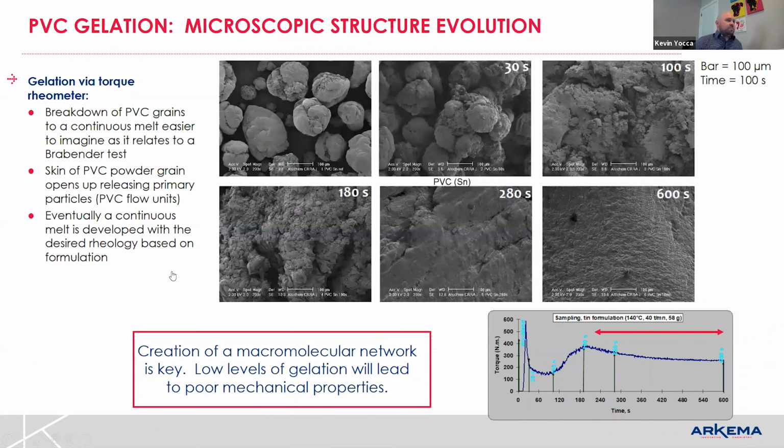What that looks like from a microstructure evolution point of view is, again, thinking about it in terms of gelation. We are trying to start with these primary PVC particles and eventually break them down and have interaction of the molecules themselves.